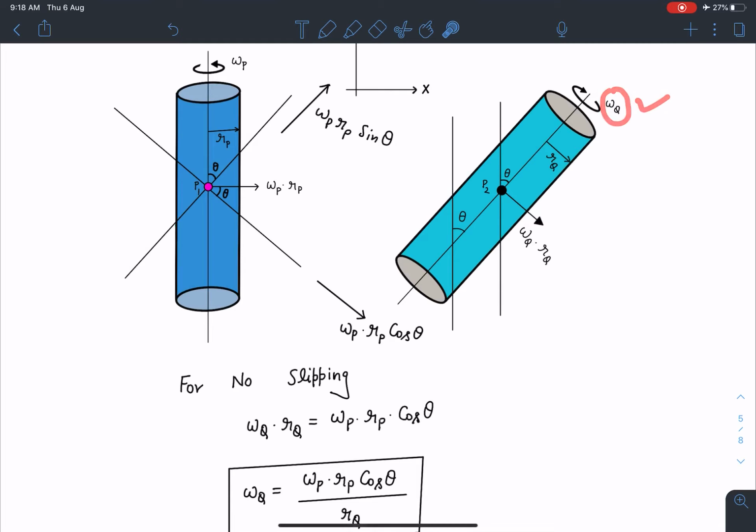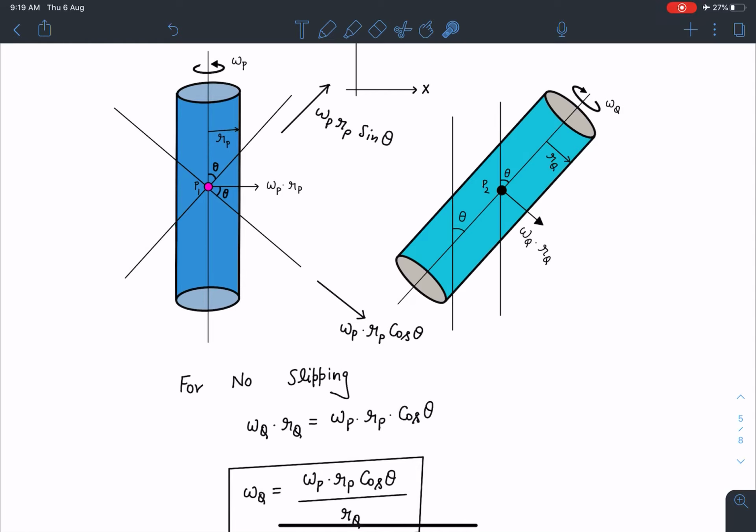So definitely the velocity of point P2, which is on the lower surface, is going to have a linear velocity Vp equals Vp2 equals omega q times RQ. All right, v equals r omega, I'm applying one more time.